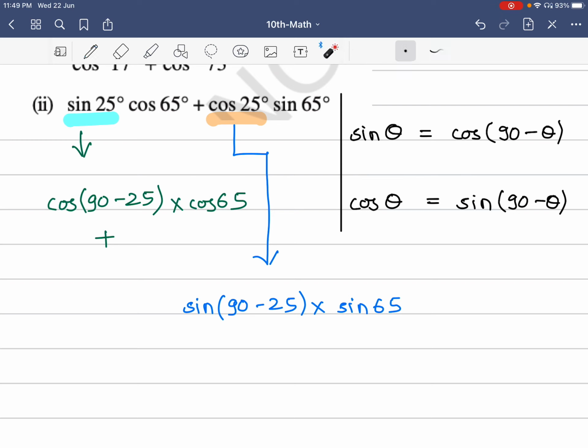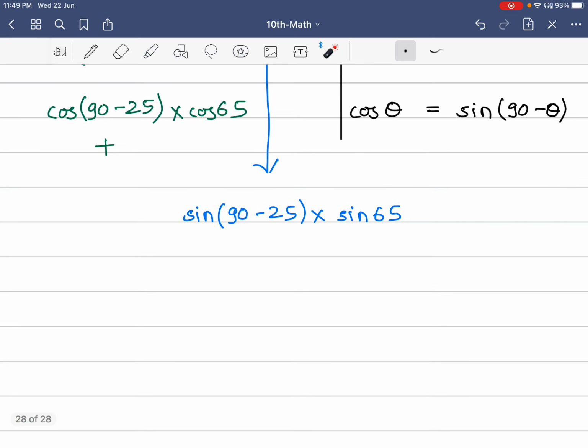This is my first term and this is my second term, written as it is. Now let's evaluate them.